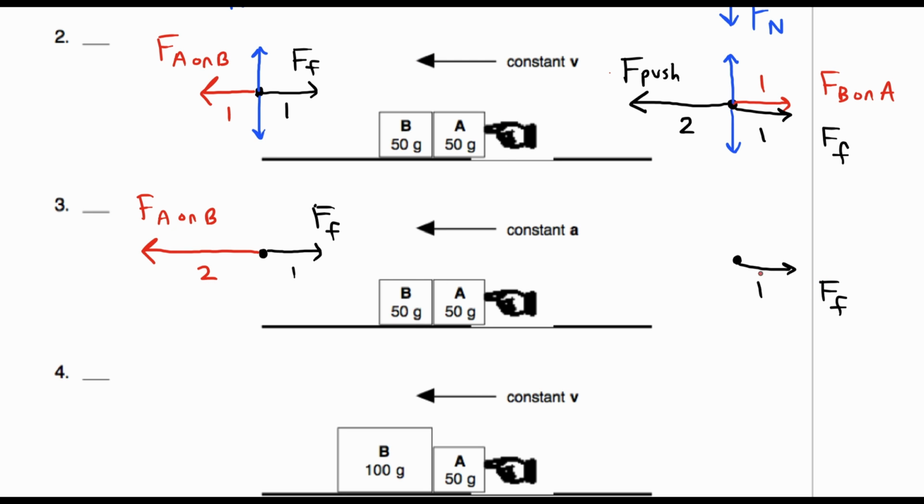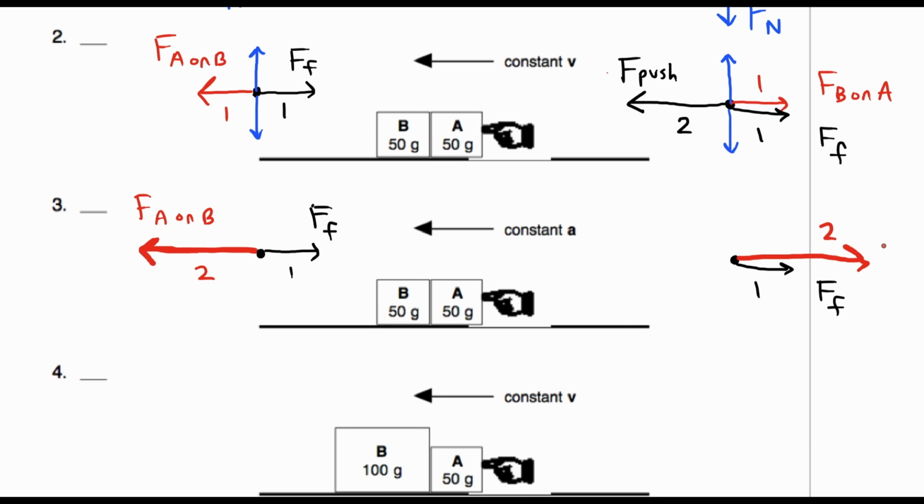But when I go to draw the reaction force of B on A, it needs to have the same size as the force of A on B. That is Newton's third law. This has to be a size of 2.